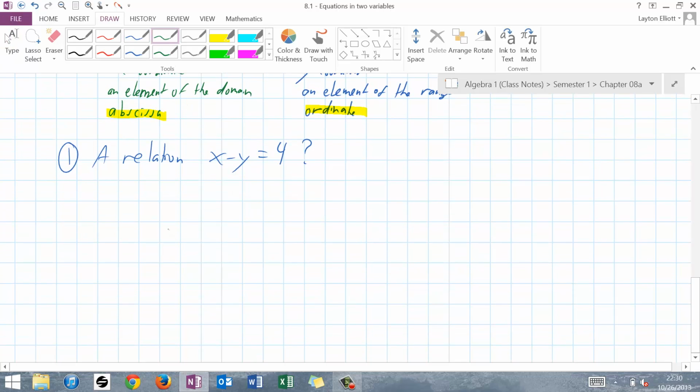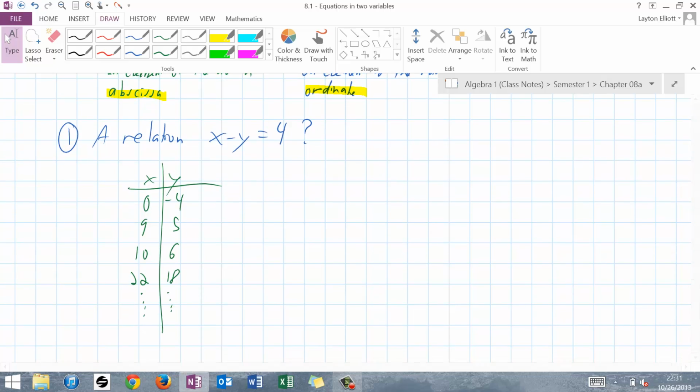Let's list some ordered pairs. If I put some x's and y's and start listing, just give me any two ordered pairs that work, like 0 and negative 4, or 9 minus 5 is 4, or 10 minus 6 is 4, or 22 minus 18 is 4. You get the idea. I'm getting two numbers that when I subtract them become 4. And I could keep that going on and on.